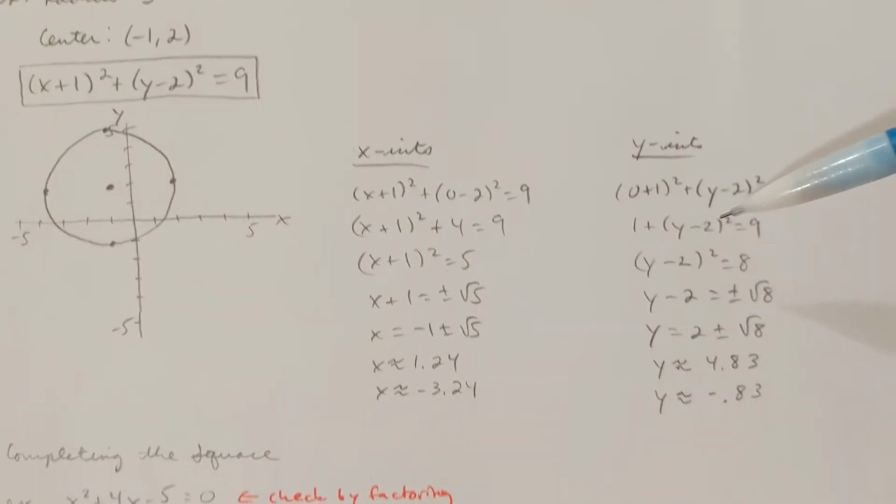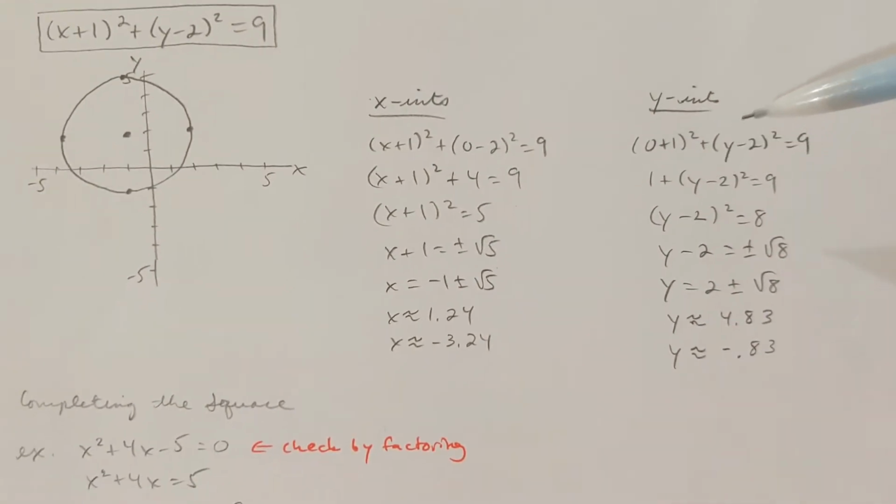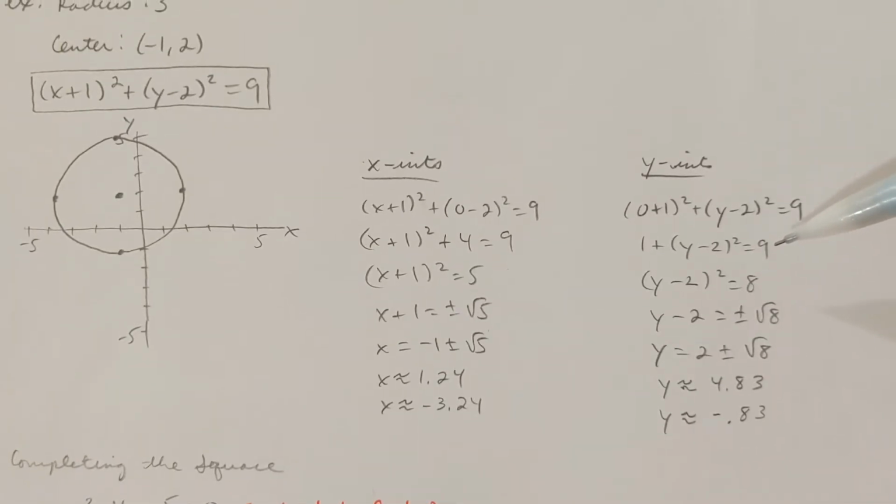The y-intercepts are found by letting x be 0, and when x is 0, we get (0 + 1)² + (y − 2)² = 9. 1 squared is 1, subtract 1 from both sides, (y − 2)² equals 8. y − 2 equals plus or minus the square root of 8.